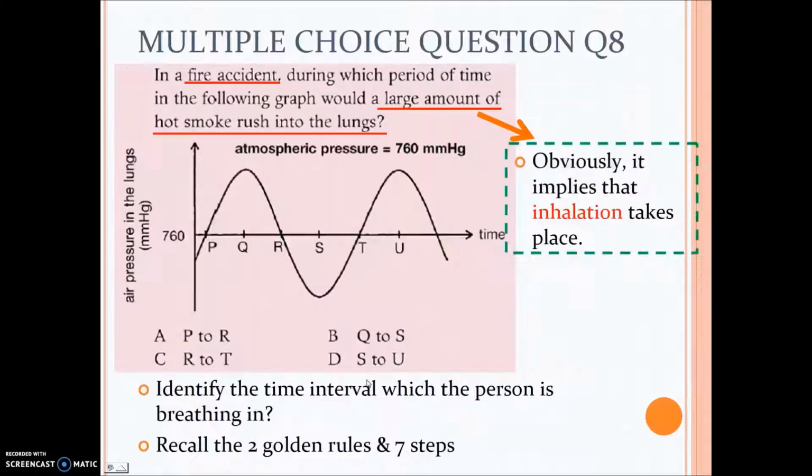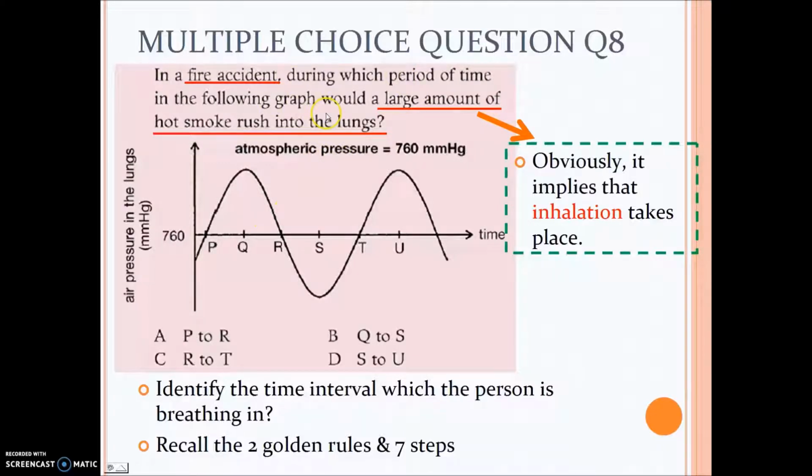B or C, you tell me the answer. And for question 8, from this question we start to apply the 2 + 7 concept, 2 golden rules and 7 steps. In this case, 760 is the atmospheric pressure.